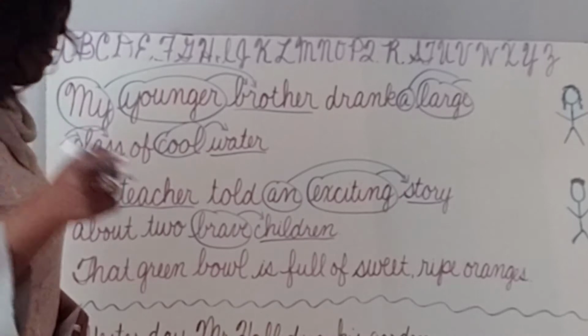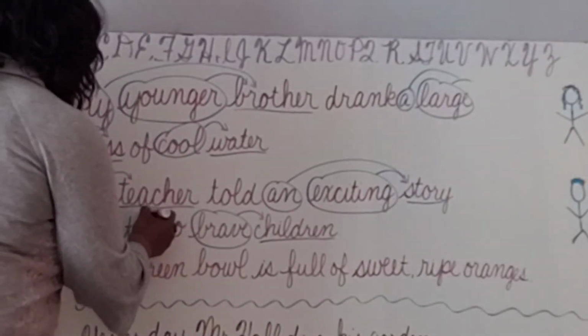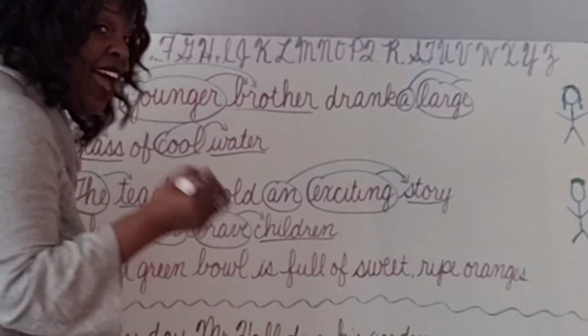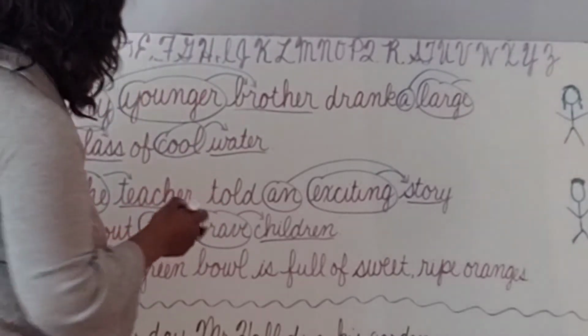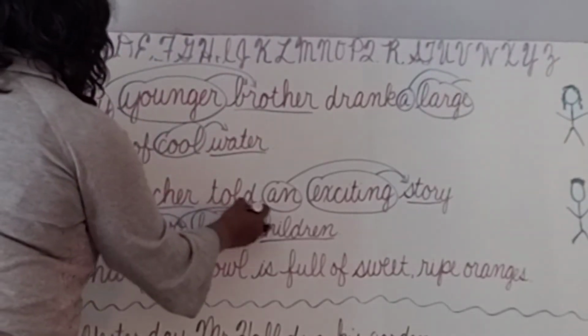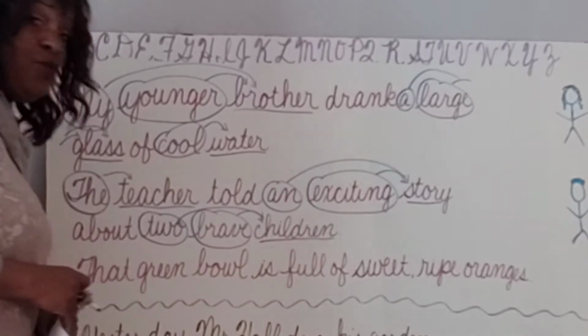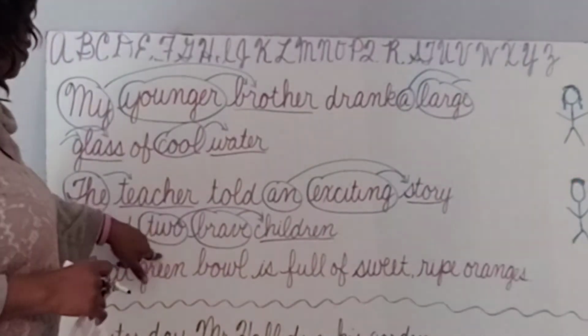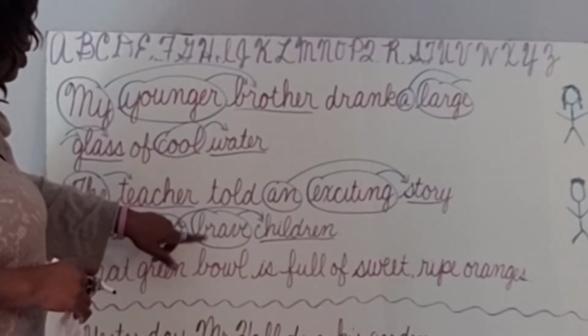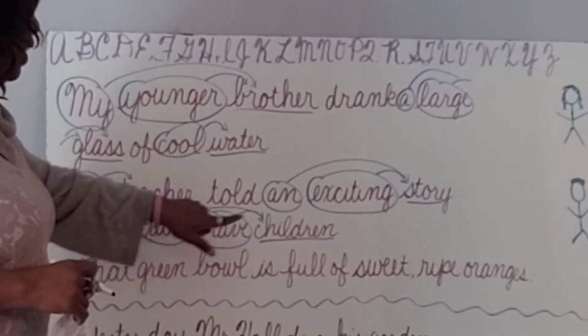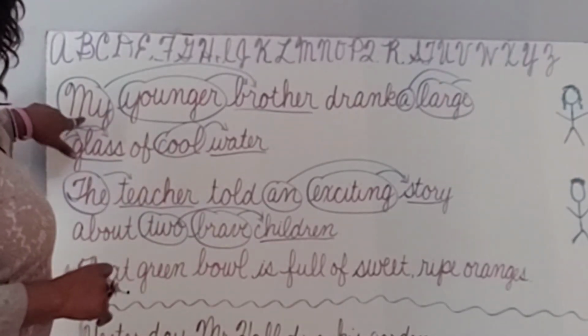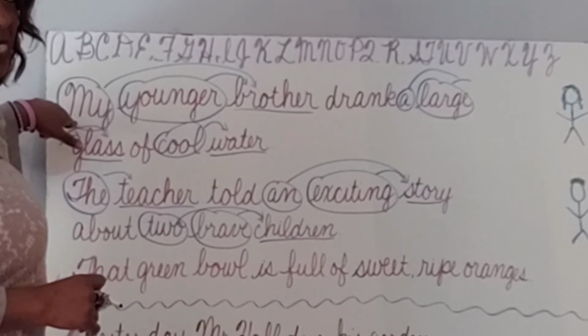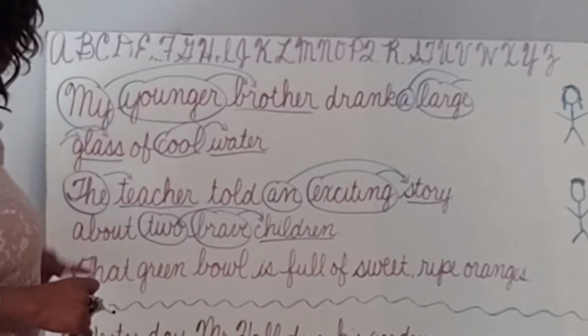Okay, some of you are saying yes. How many? Which one? What kind? How many? Or whose? So how many answers two children. How many children? Two, not five, not four, not one, two. And what kind? Brave children. Whose? Don't forget whose. That's one that we forget often.